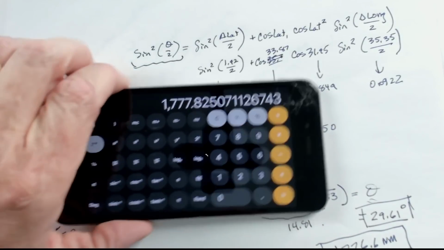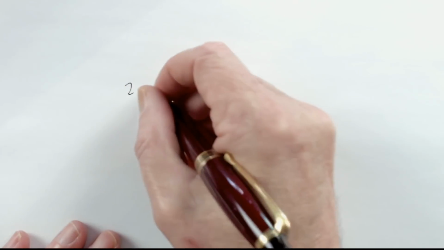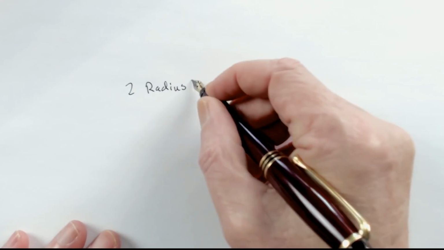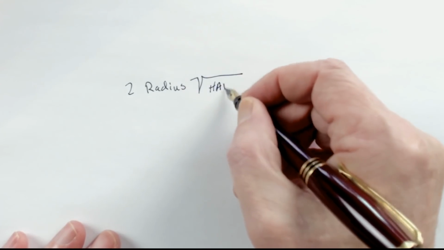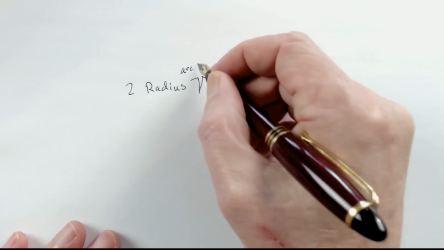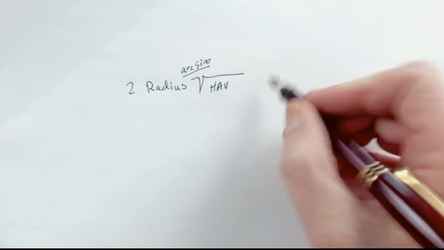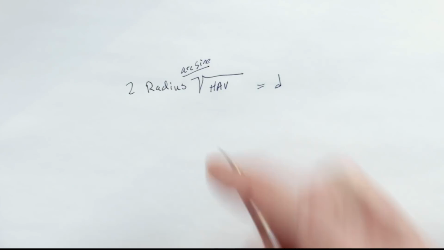But there's something that's interesting that we can do with this. So if we take our formula, which is 2 times the radius of the square root of the Haversine, actually the arc sine of the square root of the Haversine, that will equal the distance across the ground. Well, what if we don't know what the radius is?